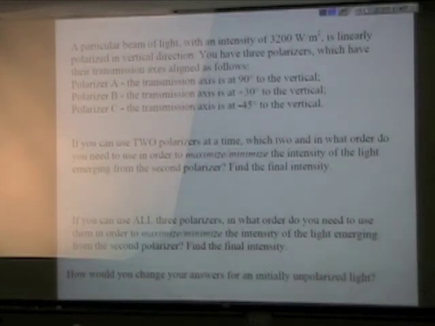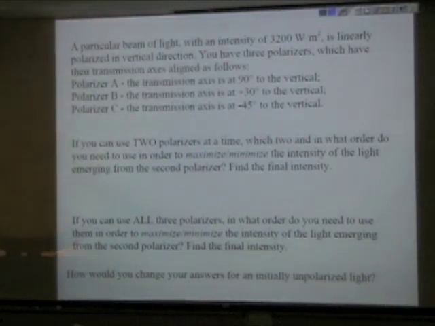And we make one whole revolution, 360 degrees. How would you draw a graph which represents the intensity of the light getting through as a function of the angle between the transmission axes? So take a minute and try to make a sketch of a graph like that.